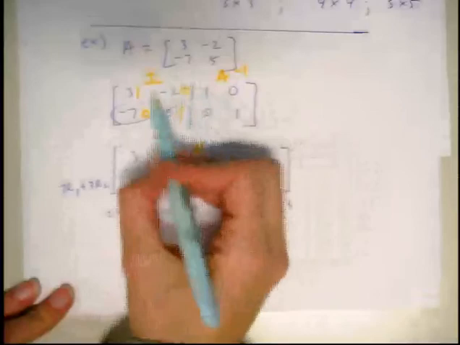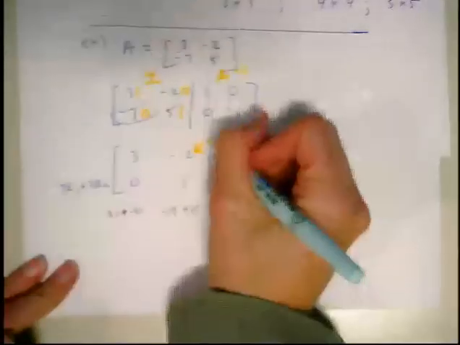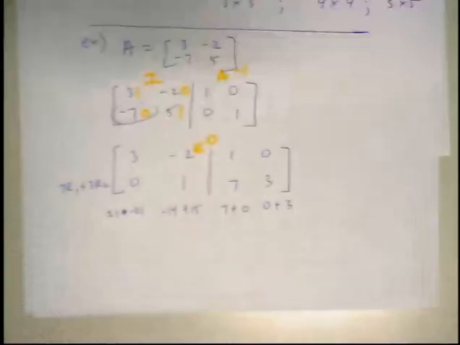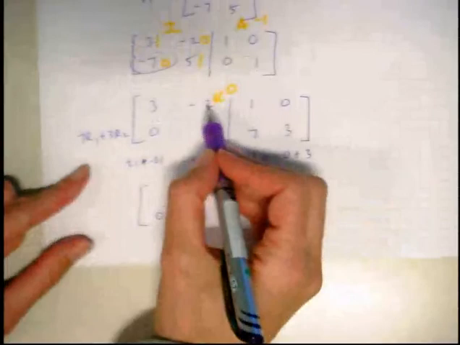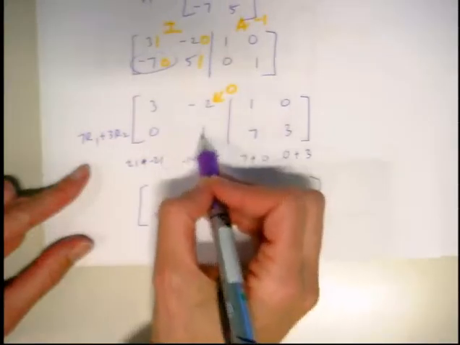Okay, so I start by getting 0 in the lower corner, then I'm going to get 0 in the upper corner, so I really want to get 0 here. This 1 makes it super nice. I want to keep that lower row, 0, 1, 7, 3. To get this one to be 0, I've got a -2, I want that to be 2.